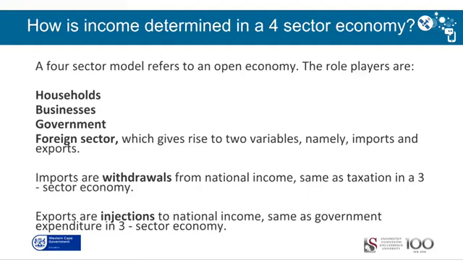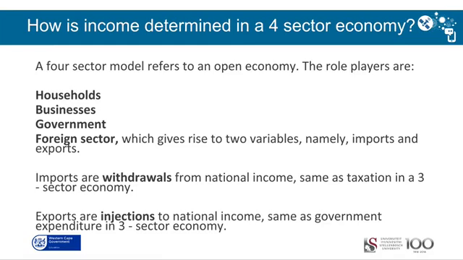Right. So, how is income determined in a four-sector economy? Now, when we speak about a four-sector model, this now refers to an open economy. Remember, the two-sector and three-sector both refer to a closed economy.